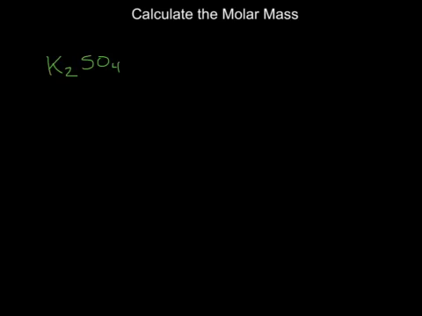We know potassium on the periodic table has a mass of 39 grams, and sulfur has 32 grams. Oxygen is 16. Now we can see potassium here has 2, so we're going to multiply that by 2.